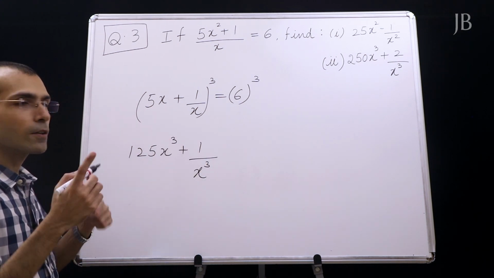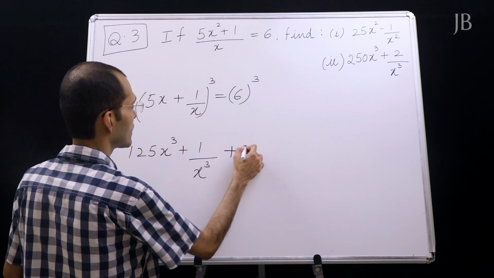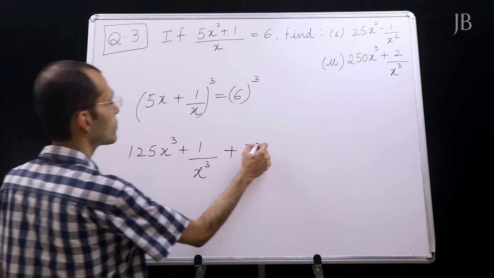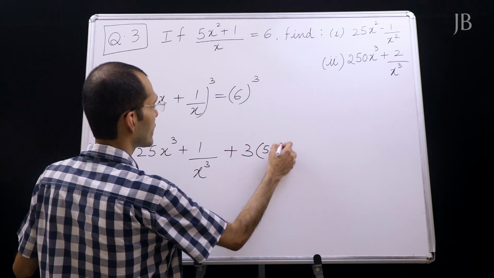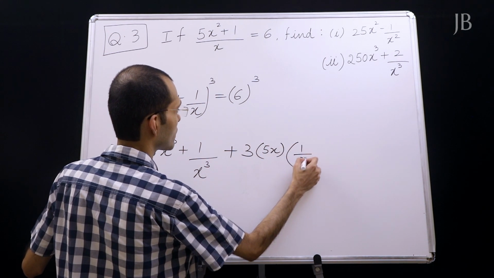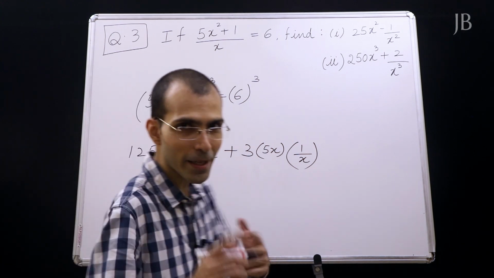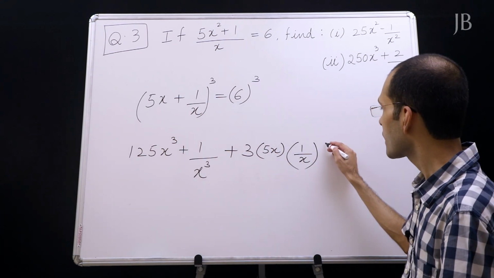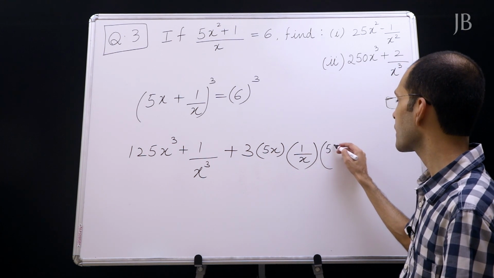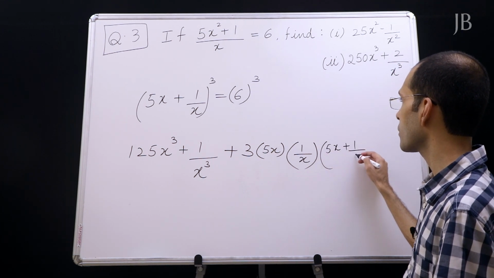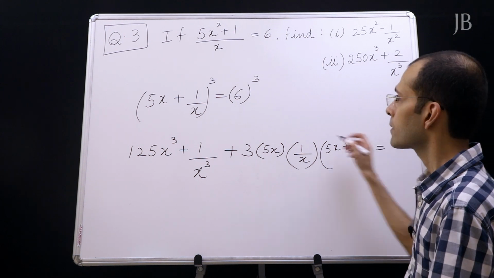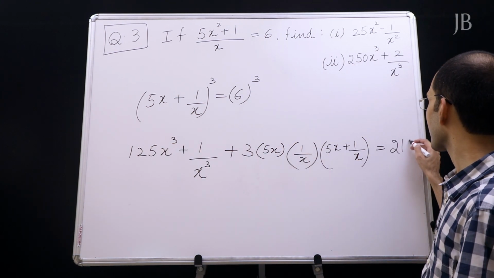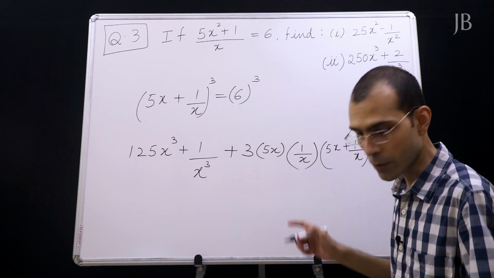This is a plus b the whole cube, plus 3ab. So it is 3 into first term into second term. Don't write always 3, sometimes different things can also come, na? 3ab, okay, 3 into first term into second term into a plus b. So that is 5x plus 1 upon x. This is the expansion of this. It is equaling 216. 6 cube is 216.